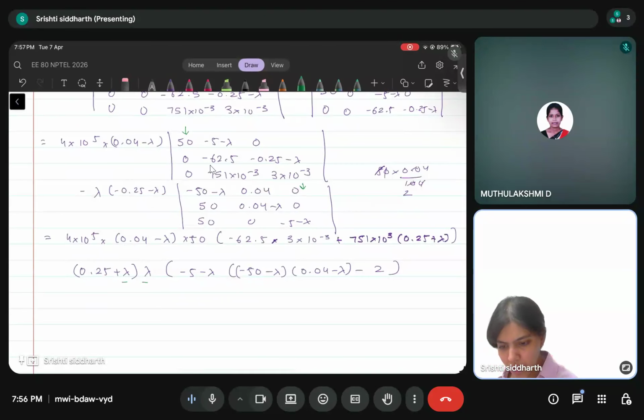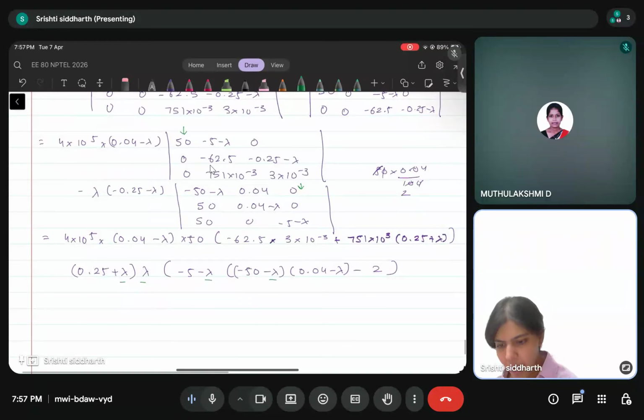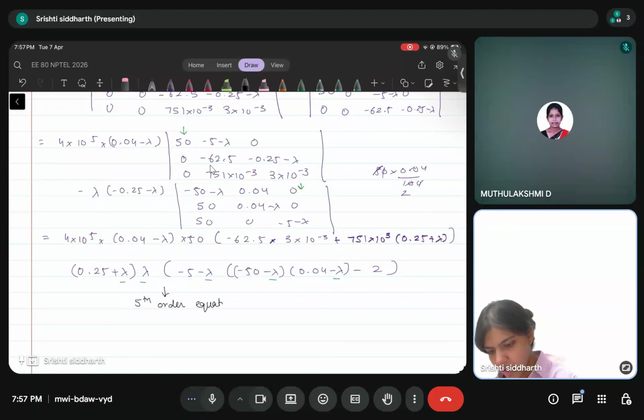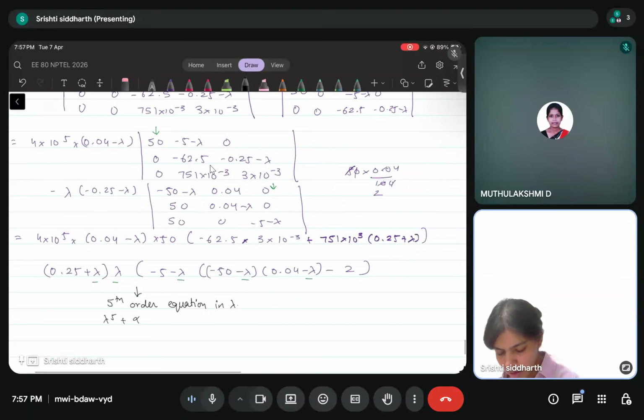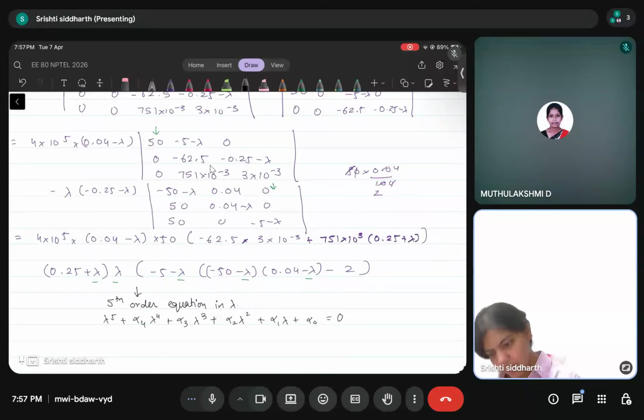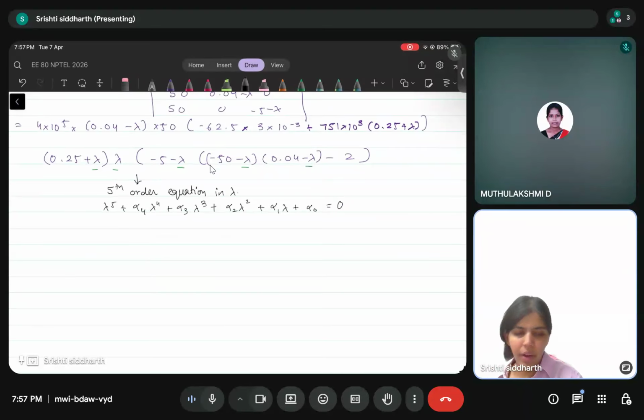This would mean lambda square, and this would be lambda. So this would give a fifth order equation in lambda. So you get something like lambda to the power 5 plus some coefficient alpha 4 lambda 4. Okay, and then we can find out the eigenvalues.